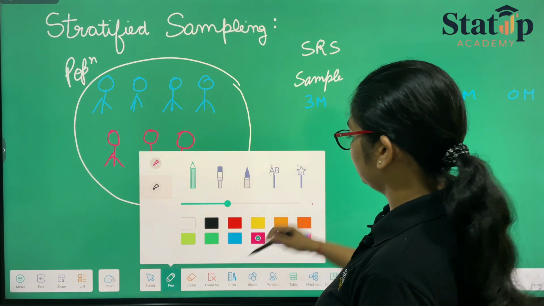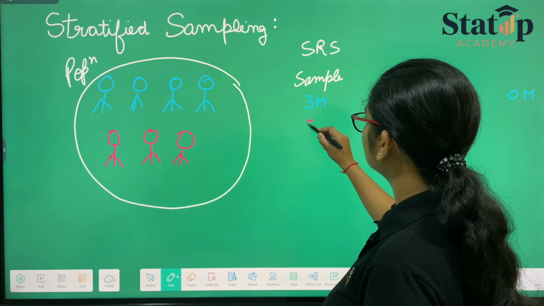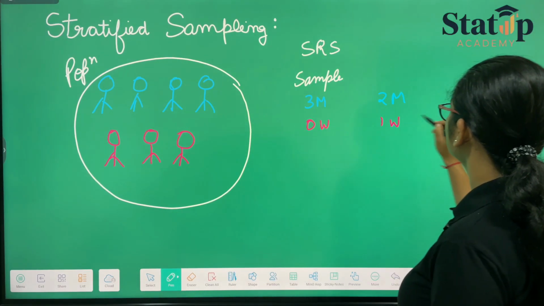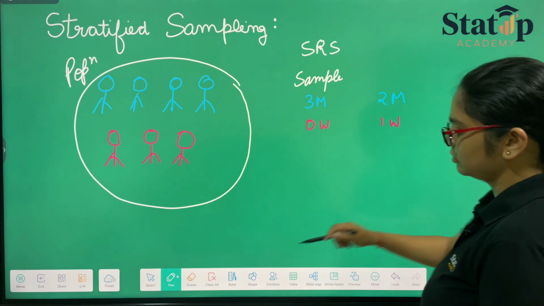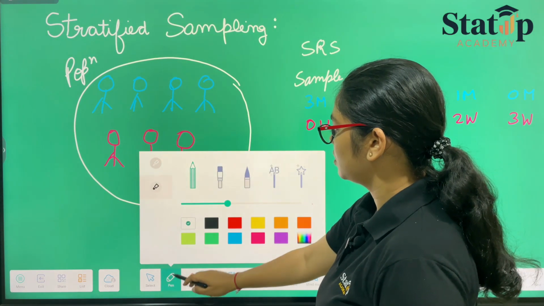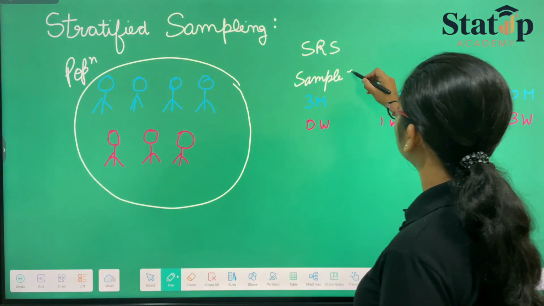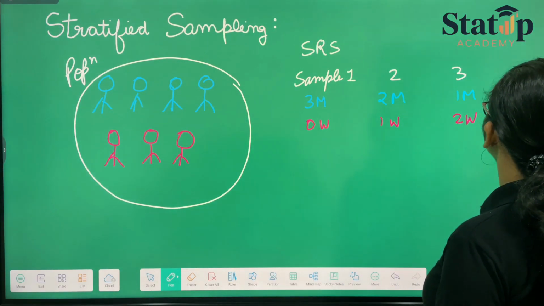And for women it can be zero women, one woman, two women, and three women. This is sample one, two, three, four.